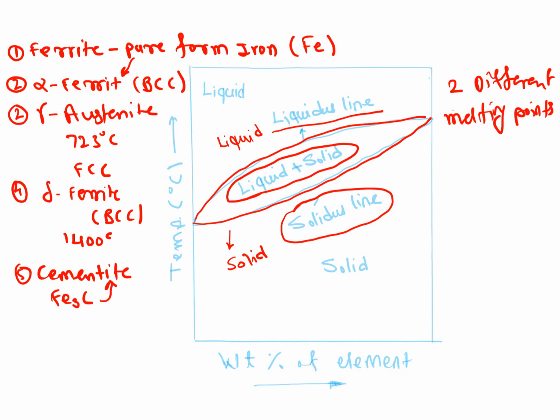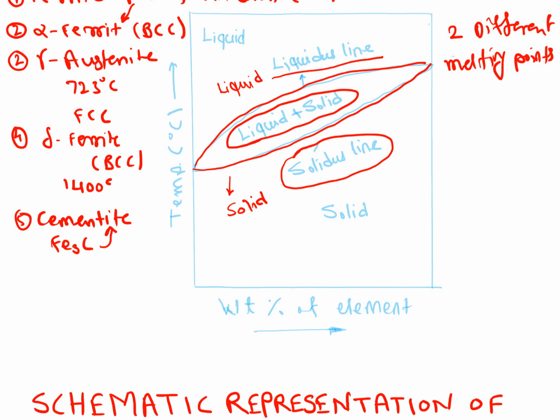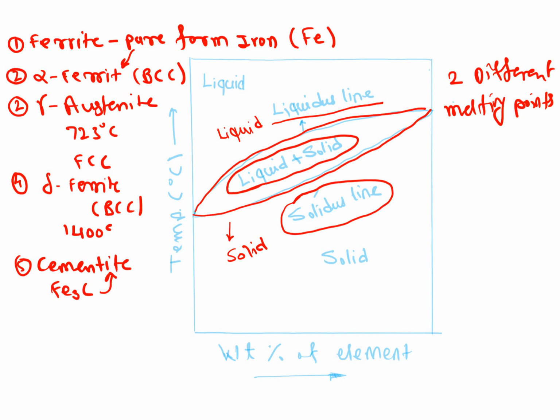Then the last one is ledeburite, which is a mixture of gamma austenite or gamma iron plus cementite.